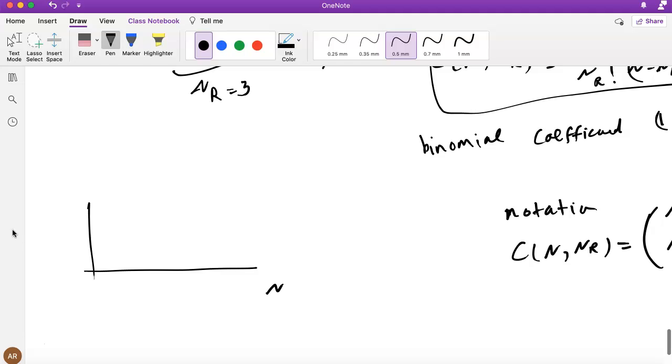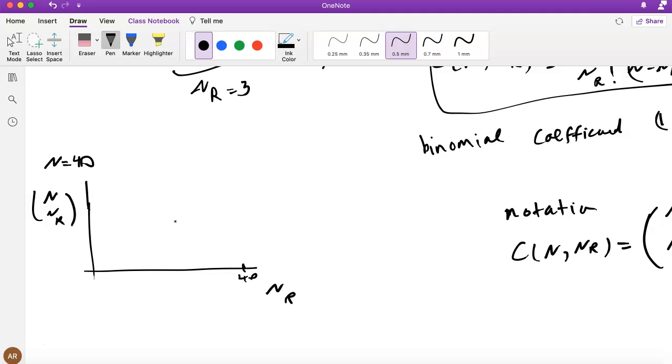So if I plot this as a function of nr for a fixed n. In this case, let's say I pick n equal 40. So what I'm going to see is, well, 40 is here.